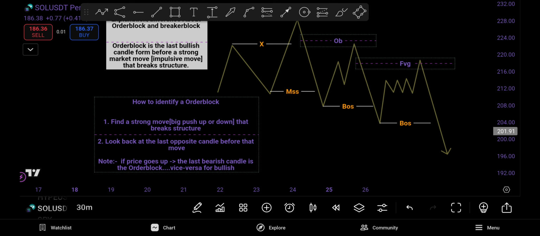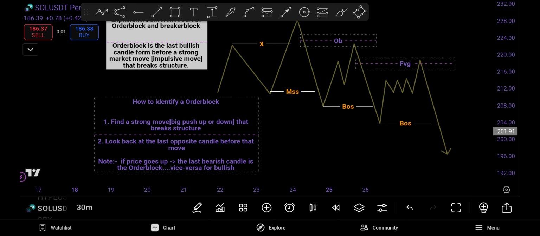So now, you should look back at the last candle. This is a sketch I'm using to teach you guys. Let's say this is the last candle before the impulsive move. This over here is the last candle. Because I said over there, note: if price goes up, the last bearish candle is the order block, while for the bearish, if price goes down, the last bullish candle is the order block.